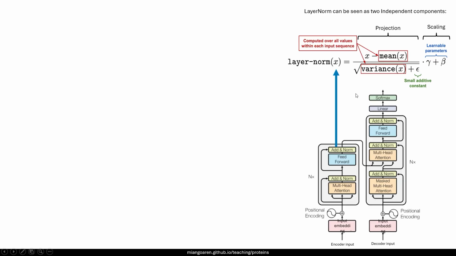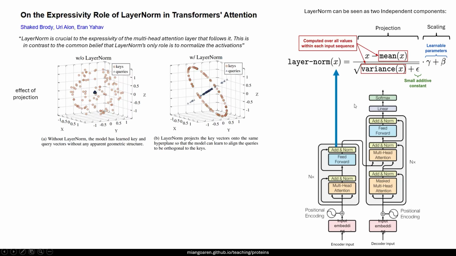What does this mean in geometric terms for the transformer and for the type of information it is modeling? This is explored in a particular preprint, where the value of normalization is not only that it can help training, but it also helps organize information in a geometric sense. What does this mean?